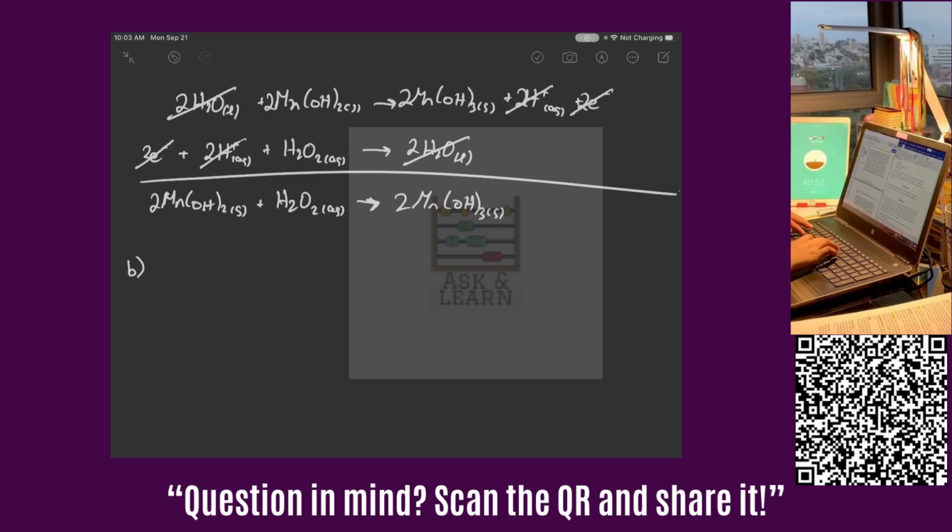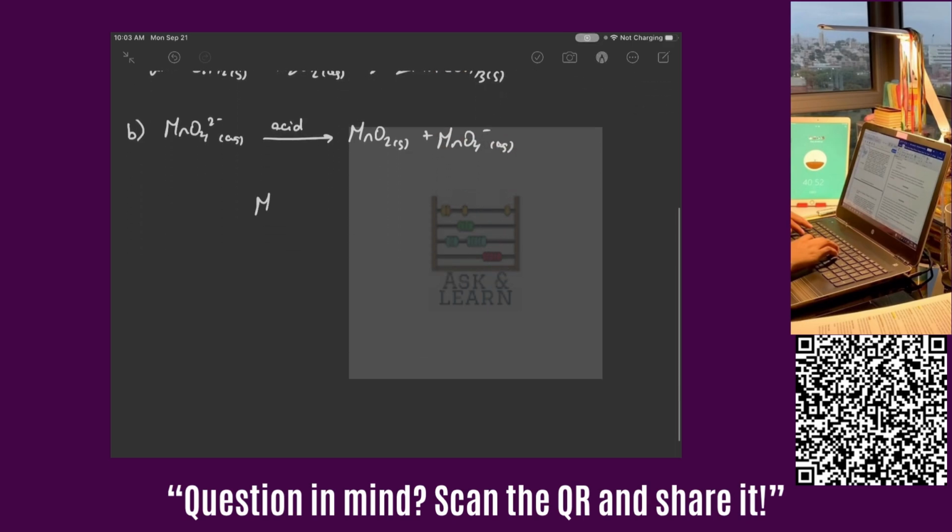For B, we have MnO4 2 minus in the presence of acid to produce MnO2 solid and MnO4 minus aqueous. Let's break this apart into two separate half reactions.